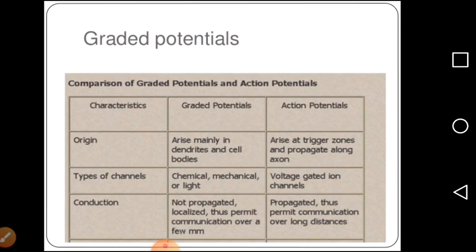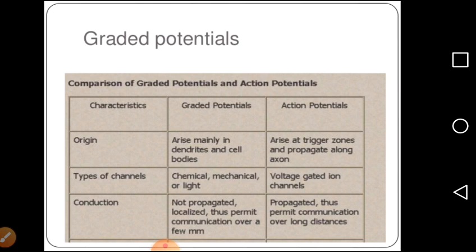Okay, let's compare the graded potential and action potential. Graded potential basically originates in the dendrites and cell bodies, while the action potential generates in the axon. The channels in graded potential are chemical, mechanical, or light gated, and the action potential has voltage gated ion channels.